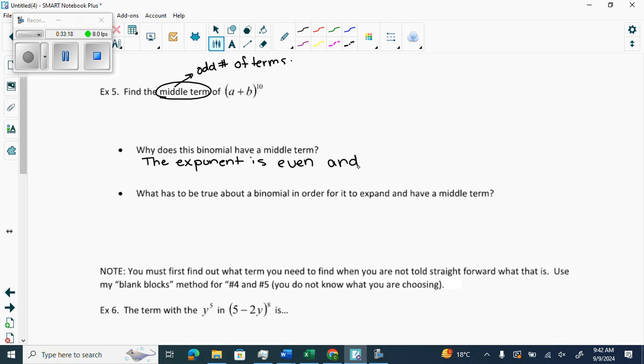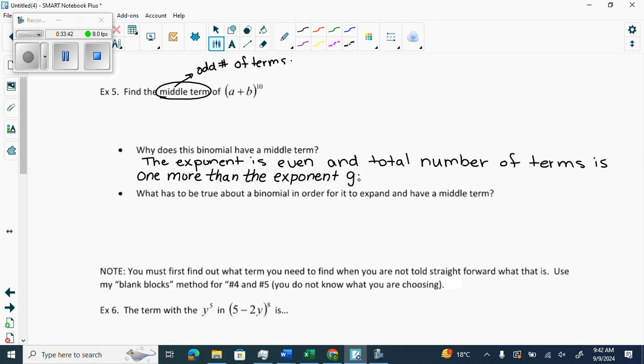And the total number of terms is 1 more than the exponent. Giving us, or resulting in, an odd number of terms. And a middle term.